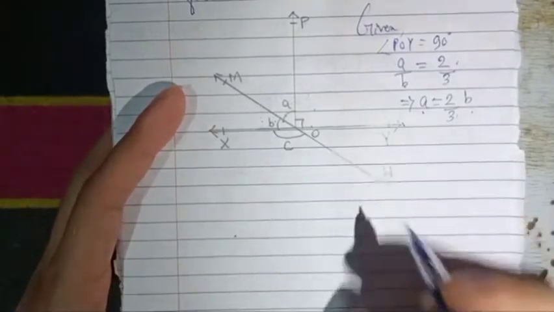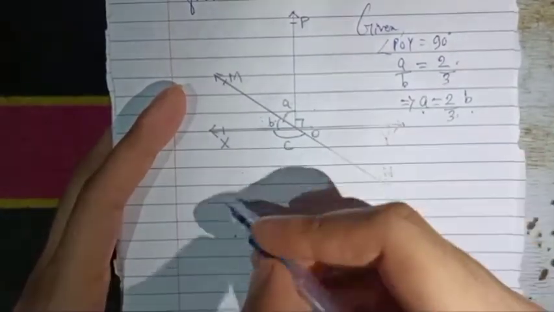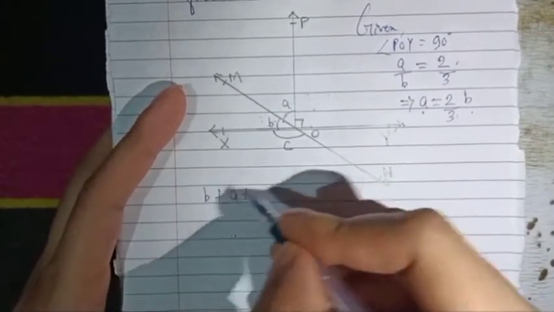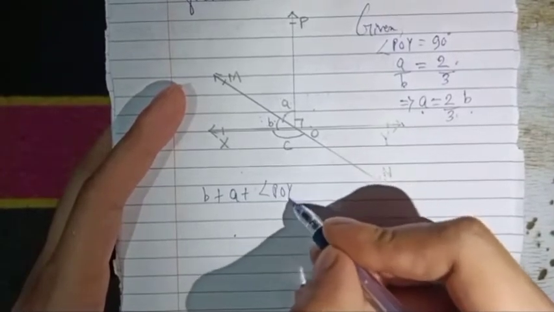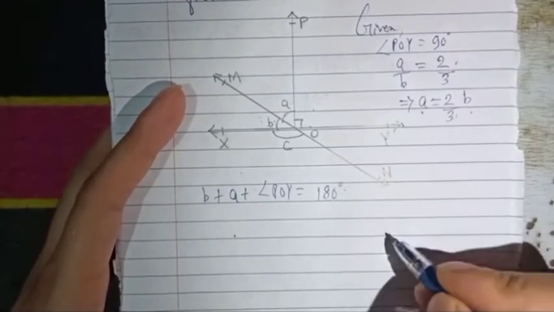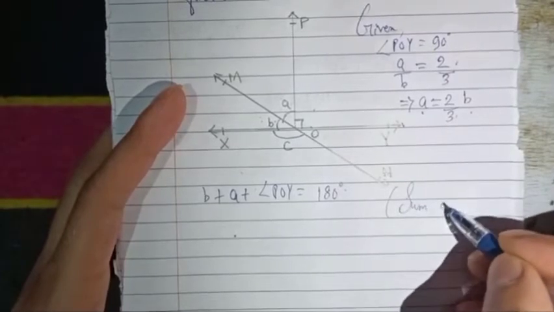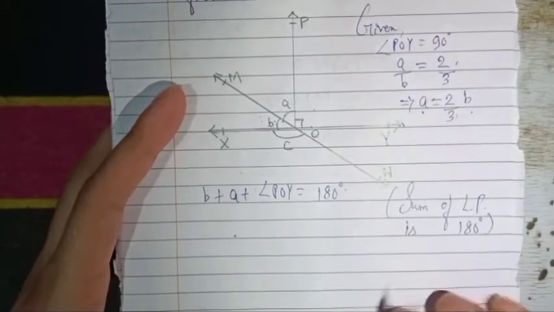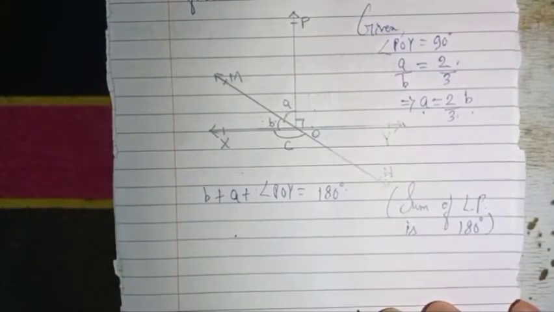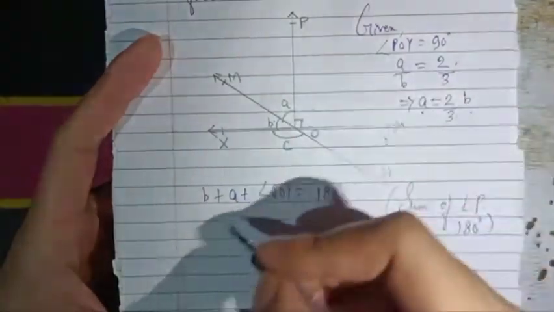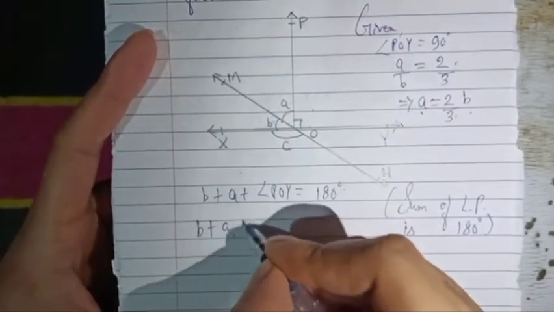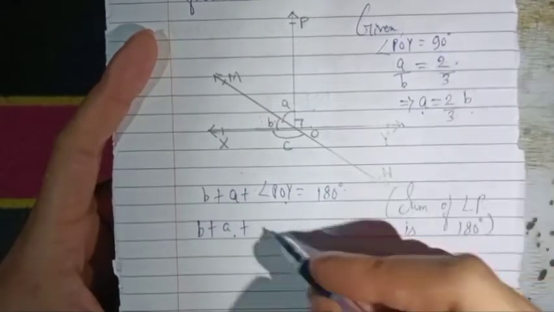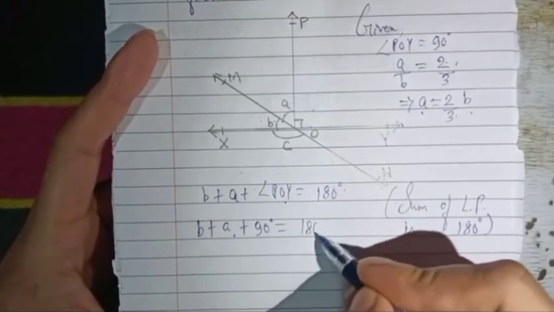First of all we will write the sum: B plus A plus angle POY is equal to 180 degrees, and here you put the reason: sum of linear pair is 180 degrees. Now angle POY, we already know it is given in the question as 90 degrees. So B plus A plus 90 is equal to 180 degrees.